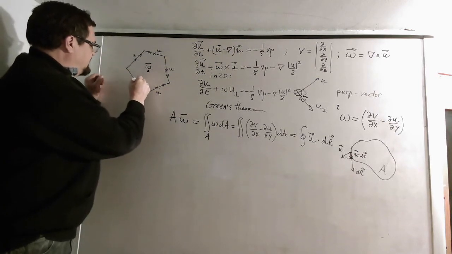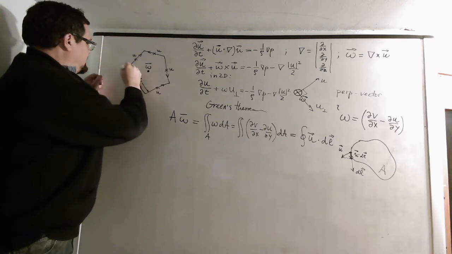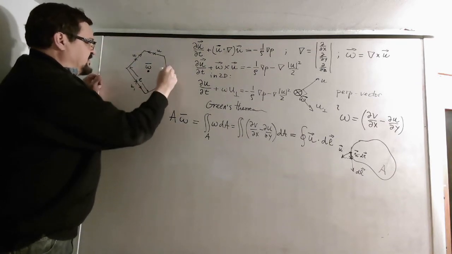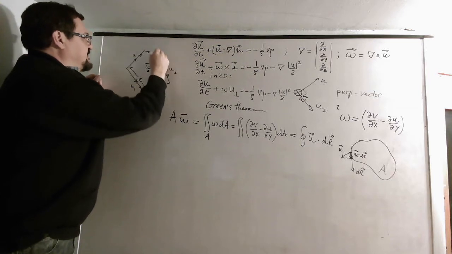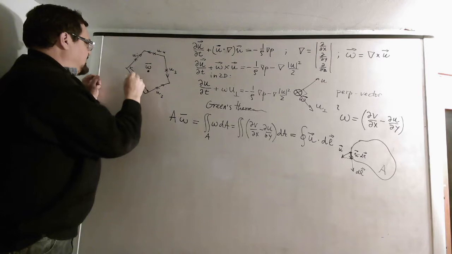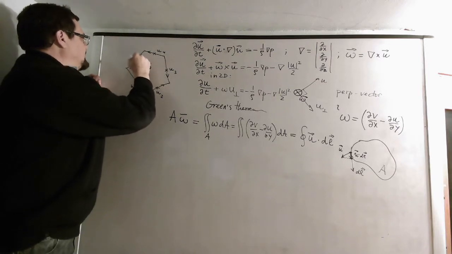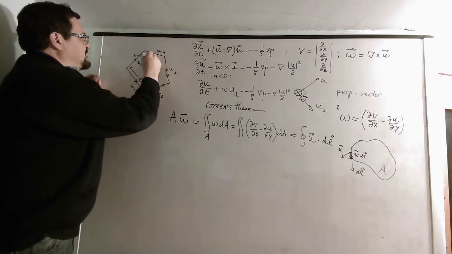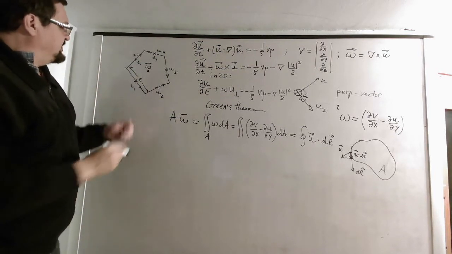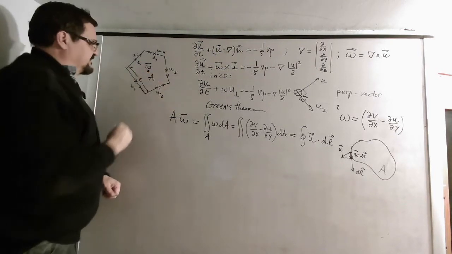Let's call it L. So this is 1, 2, 3, 4, and this is i. So this one is Li, this is L4, and so on. Let's say this is the area.